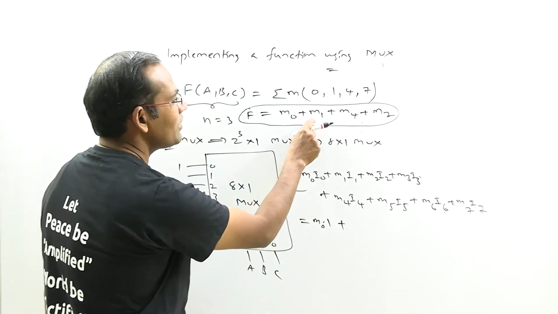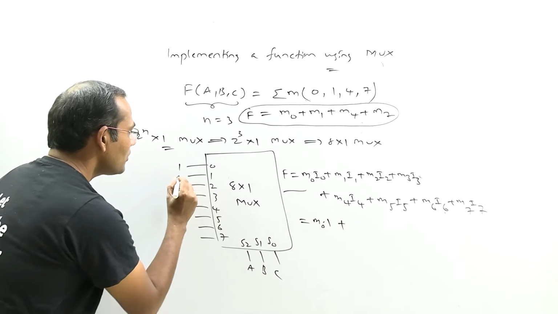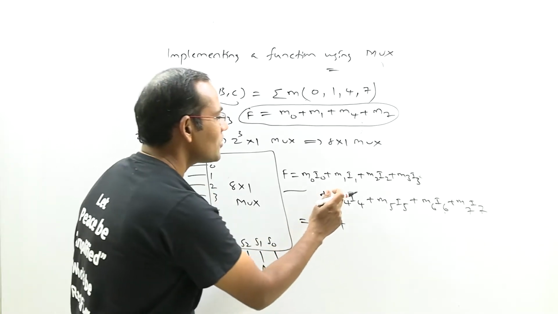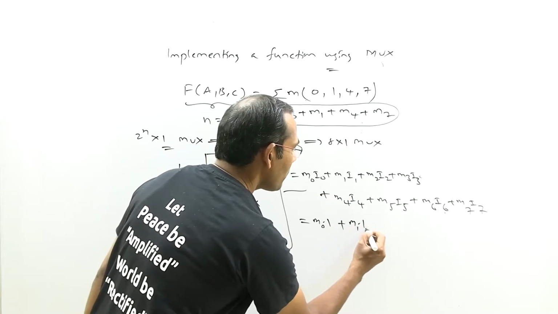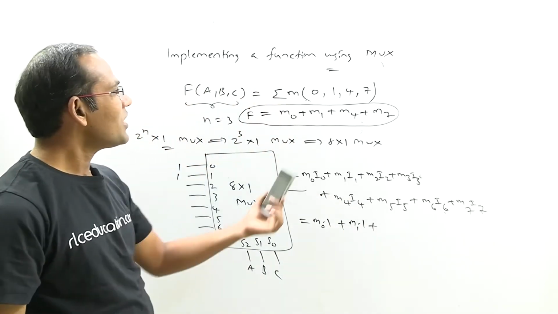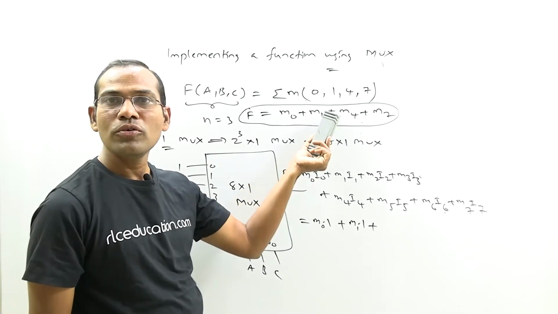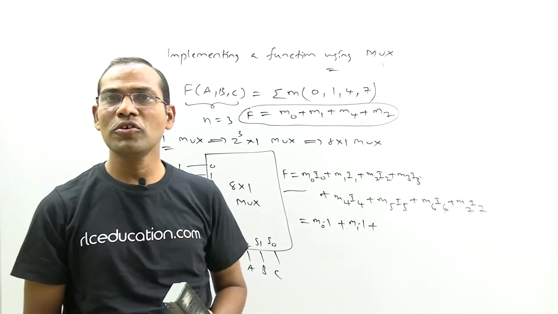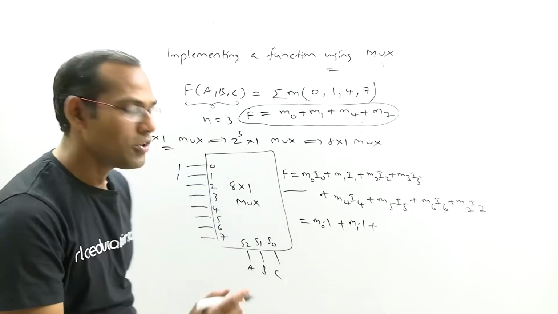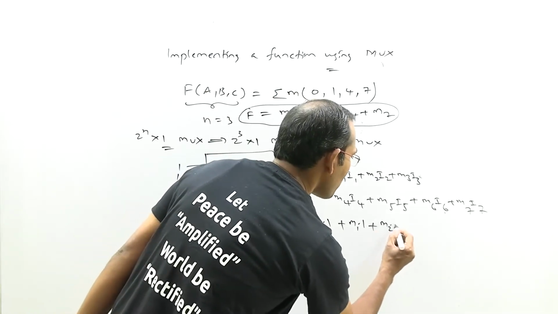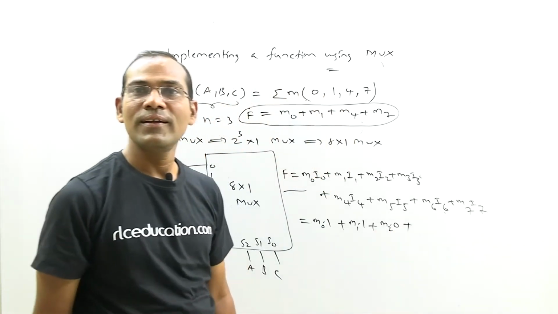I need M1, so give 1 to the I1 terminal, so M1 into 1. Then observe carefully, I don't want M2, so give 0, so M2 into 0 will be 0.